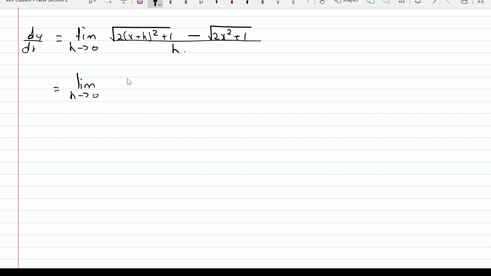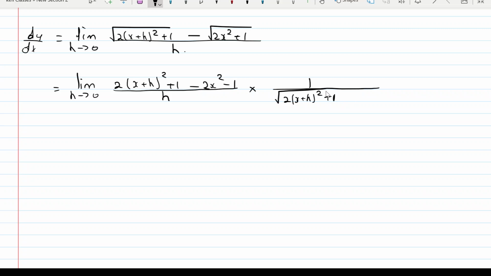So I'll write the step of rationalizing directly. This will become 2 into x plus h the whole square plus 1 minus 2x square minus 1 divided by h into 1 upon root of 2 into x plus h the whole square plus 1 plus root of 2x square plus 1, which is equal to limit as h tends to 0.